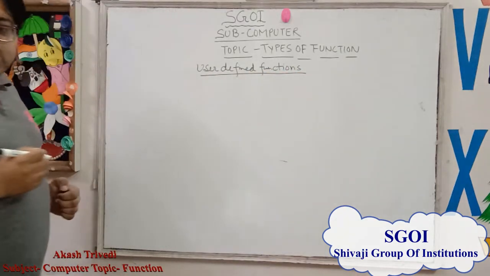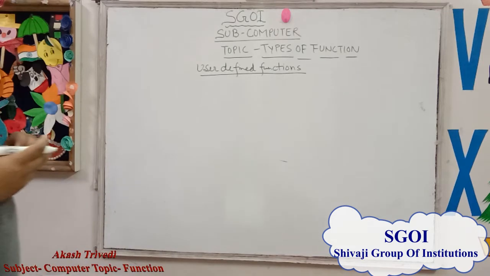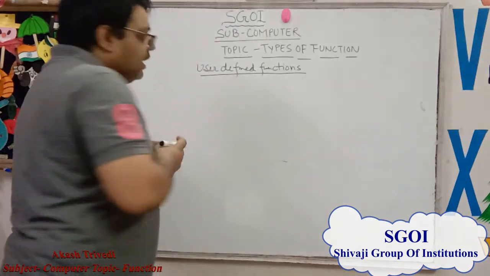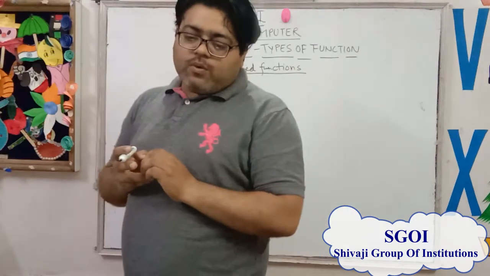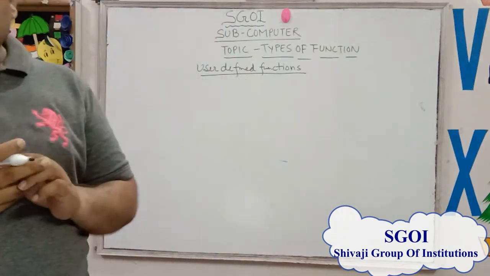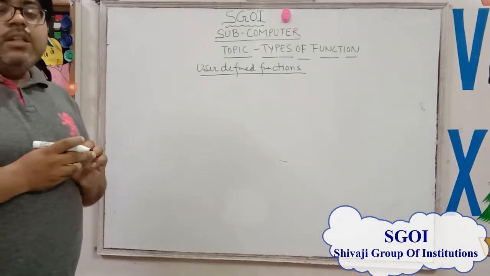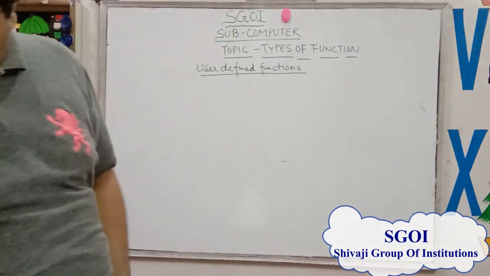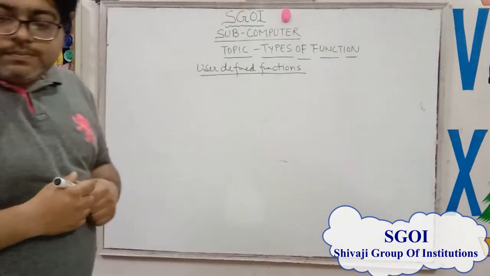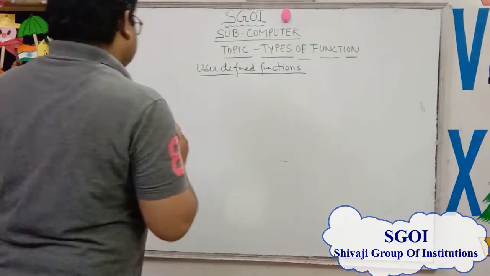User defined functions are those functions which work according to the user's need, and a user defined function is a group of code to perform a specific task. That group of code is given a name, that is identifier. When the function is invoked from any part of the program, it executes the code defined in the body of the function.